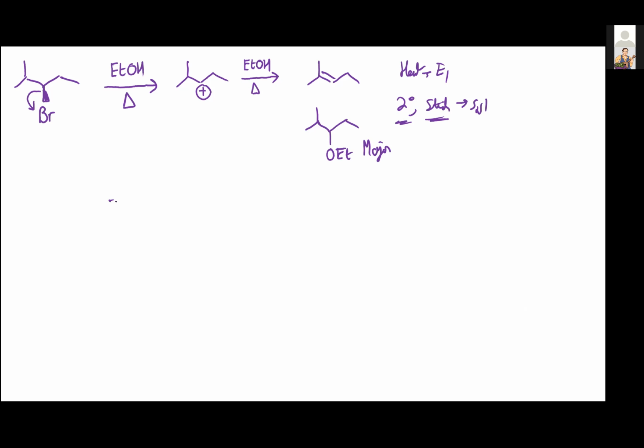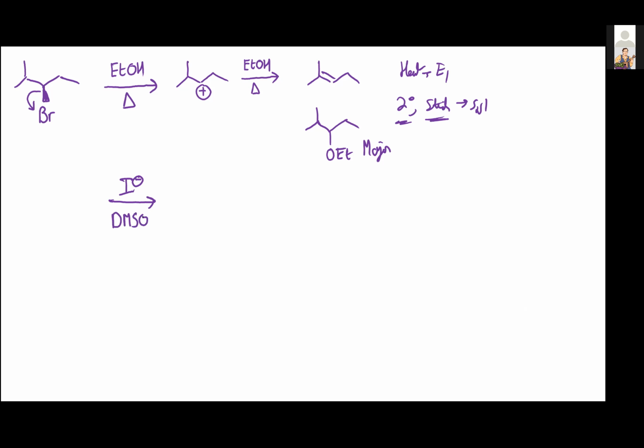Now, if we take exactly the same molecule, we treat it with I minus. Okay, now suddenly we've changed the calculations because we're adding a much better nucleophile. It's now more reactive because it's negative. Let's say we play around with it and we add some DMSO as solvent.